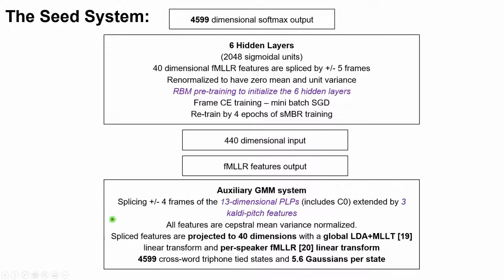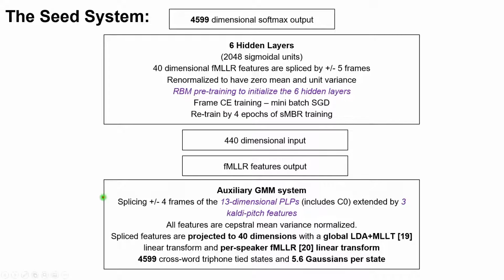Like we had seen earlier MFCC, but here they are using another kind of feature extraction called PLP. And then this fMLLR is basically the per-speaker feature extraction. Those are then obtained as a 400-dimensional input.